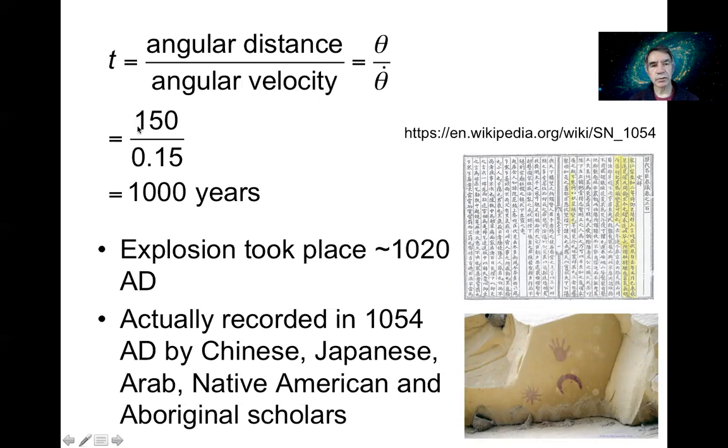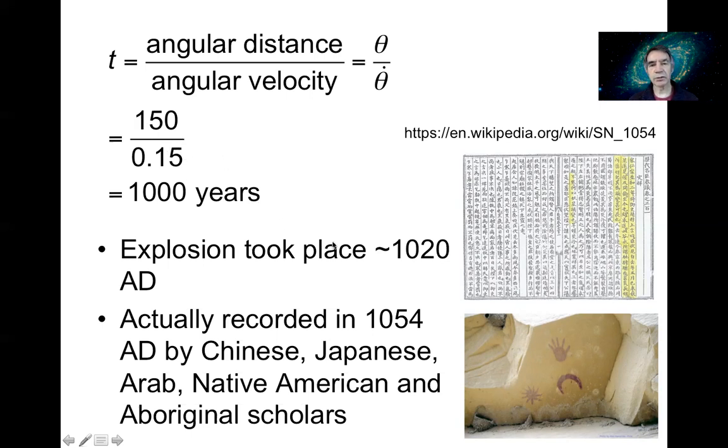So you've got 150 arc seconds at a rate of 0.15 arc seconds per year. Just divide those two numbers and you get a time scale of 1,000 years. If we subtract that from now, that would tell us that the explosion took place around 1020 AD.